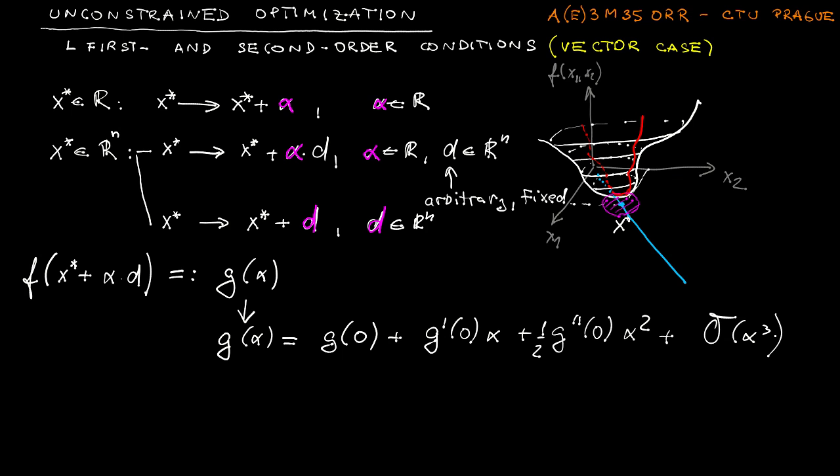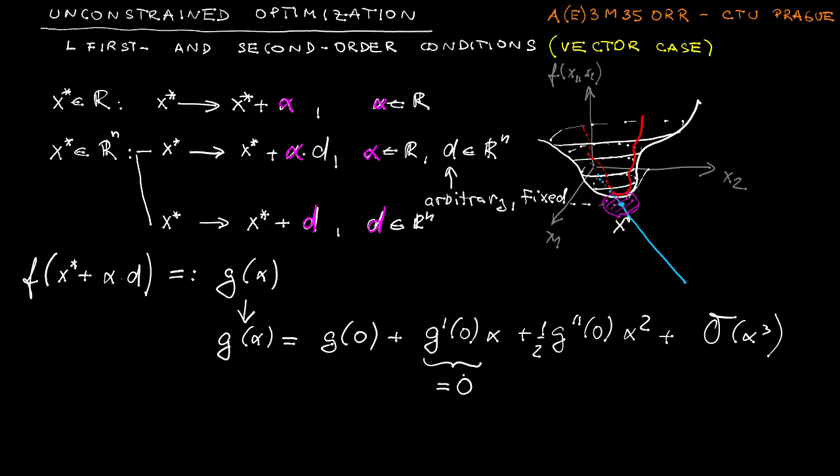And now we can immediately write down the first and second order conditions, right? So for the first order conditions, we can immediately conclude that the derivative of g with respect to alpha evaluated at 0 needs to be equal to 0.